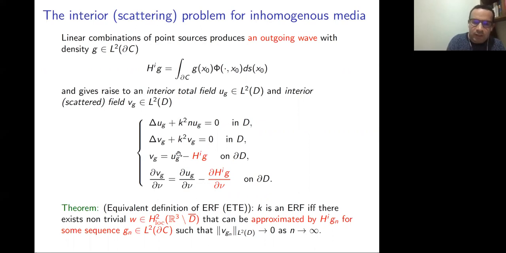You can build this solution, and now you can define invisibility via the sequence Gn that will form some data that I call W here, which will live outside D, so it should be non-trivial data outside D, for which I need the incident field for the exterior problem to be 0.